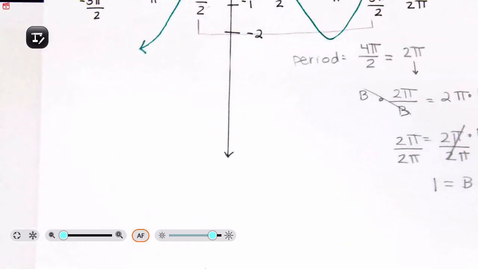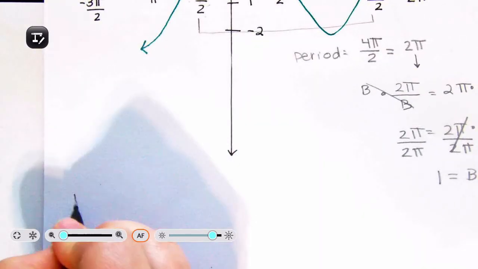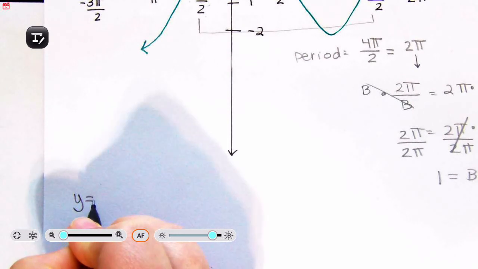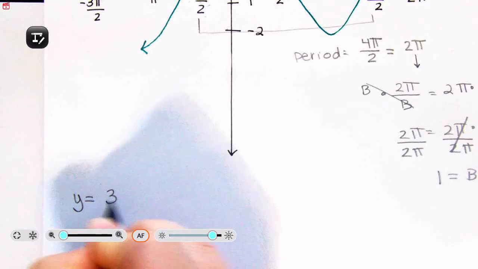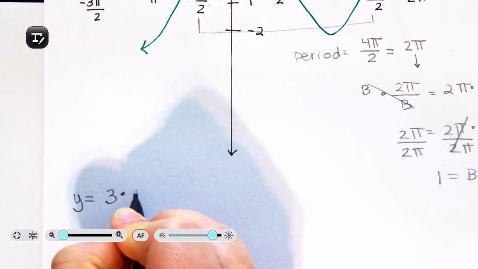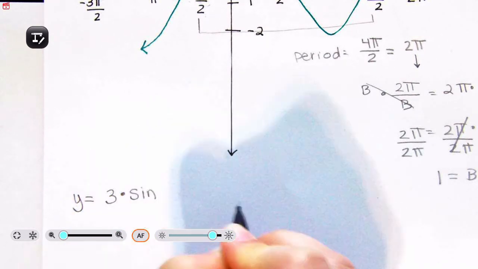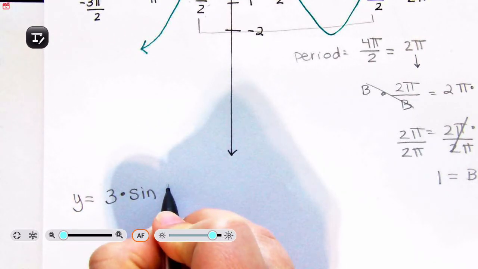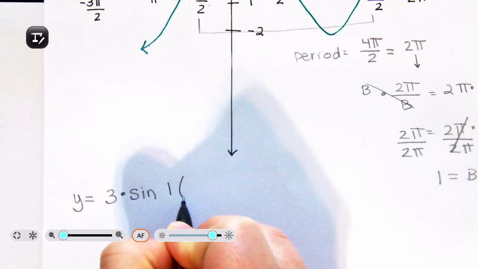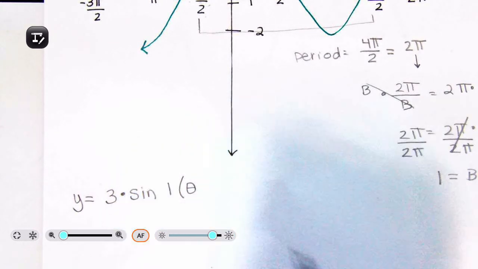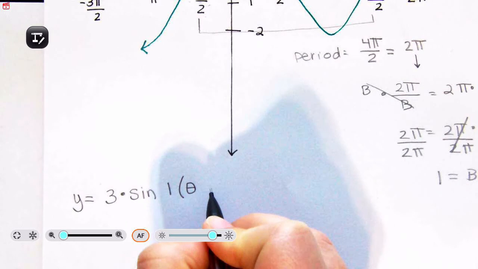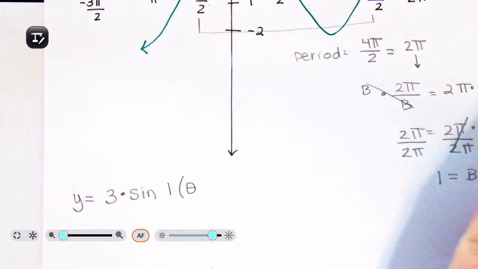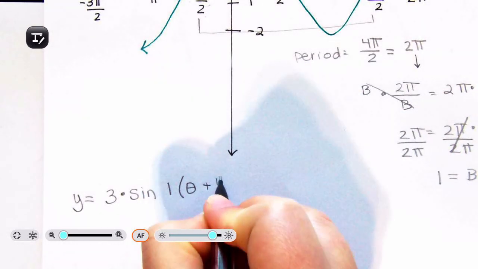So let's write, I'm going to have this here. So y equals, start out with a, which is 3 times your positive sine, then your b, which is 1, parentheses, you can use x or theta, I'm going to use theta. Then you're going to go to the left pi halves, which means we're doing a plus pi halves.